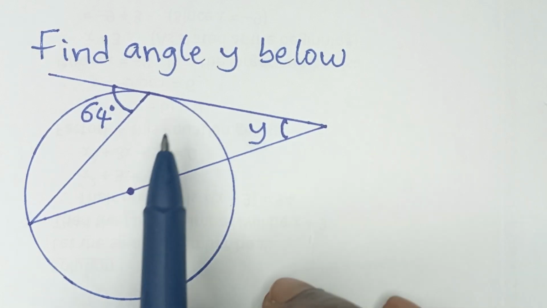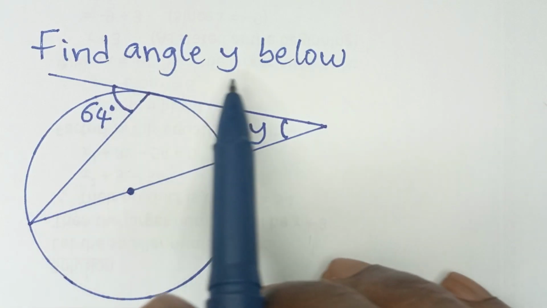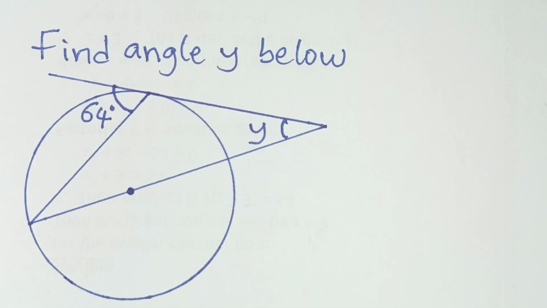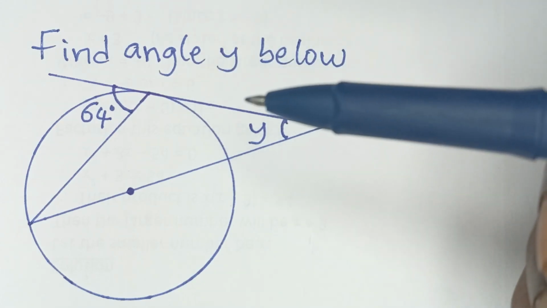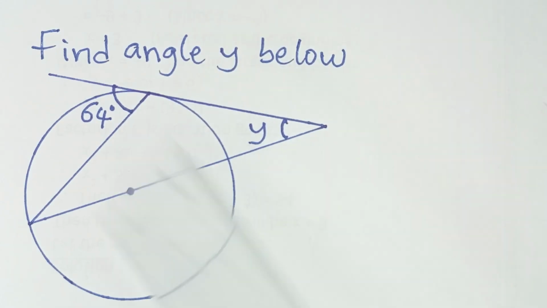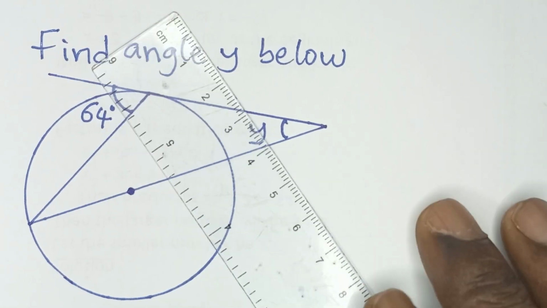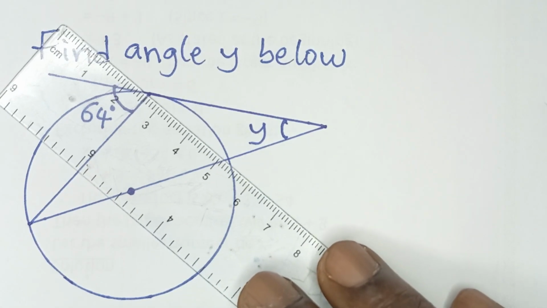Now the question we have here is on circle geometry, and it says that we should find angle y below. For us to find this angle, I would like you to look at a special theorem in this case. But first of all, let me trace a line here so that we can get the picture clearer of what I want to do here.